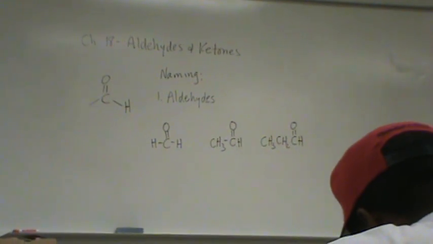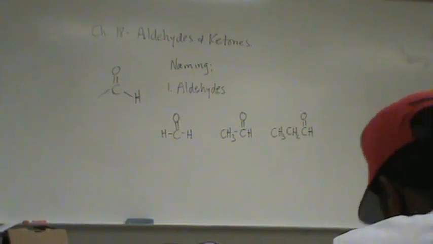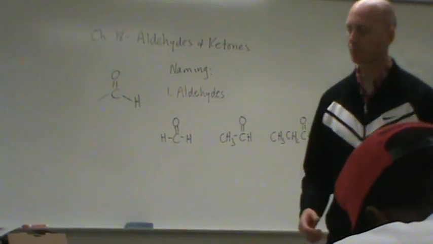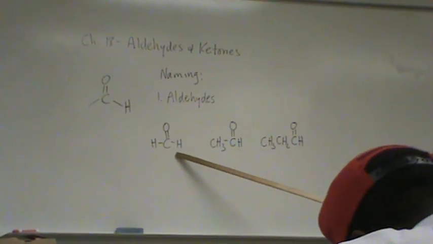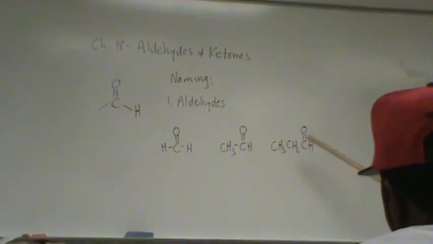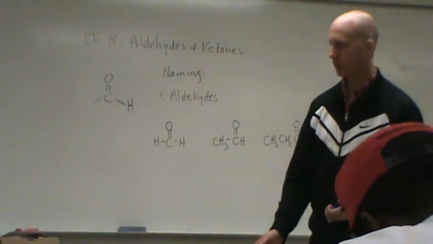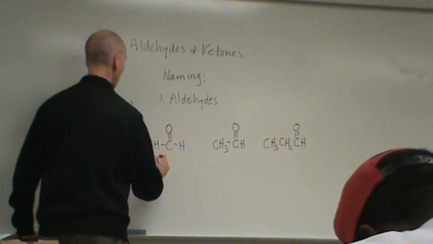Some aldehydes. These are just a series of them. We're just adding more and more carbon atoms. Note in each case we have at least one hydrogen on the carbonyl. So how do we name these things? They're very simple to name. One carbon.